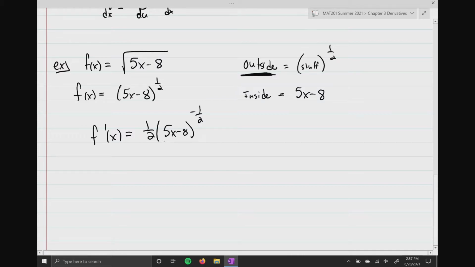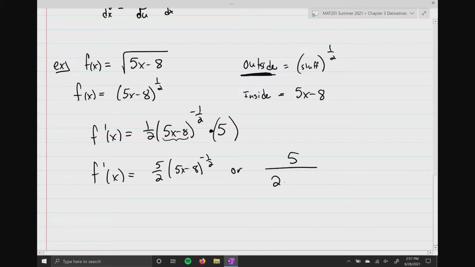And now I'm going to take the derivative of the inside function and multiply it. And the derivative of 5x minus 8 is just 5. So I can clean this up by writing 5 over 2 times the quantity 5x minus 8 to the negative 1/2, or 5 over 2 times the square root of 5x minus 8.